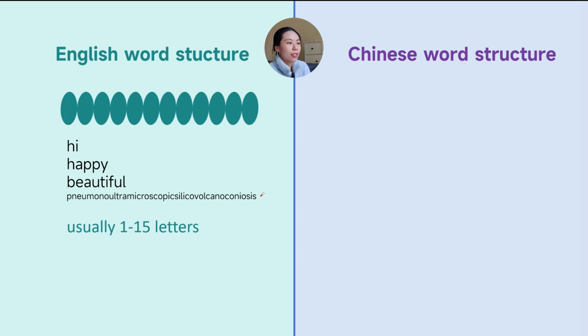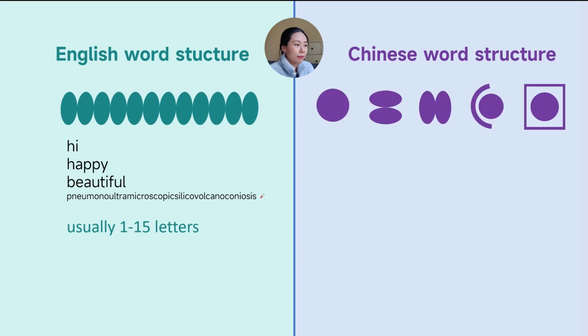Okay? And as for the Chinese word structure, things could be a bit complicated. There are different types of word structure. This one could be single, because it's just one part. You cannot cut it in half.